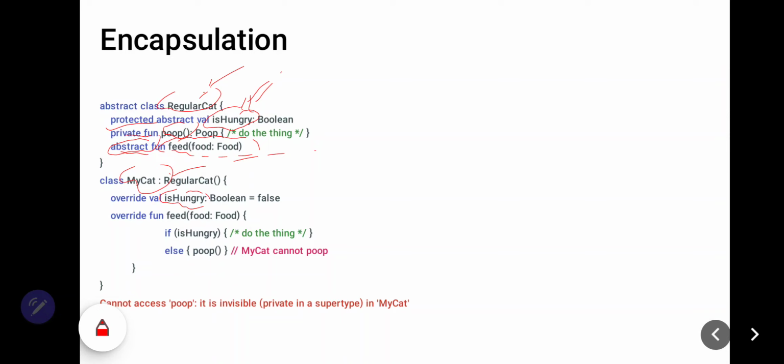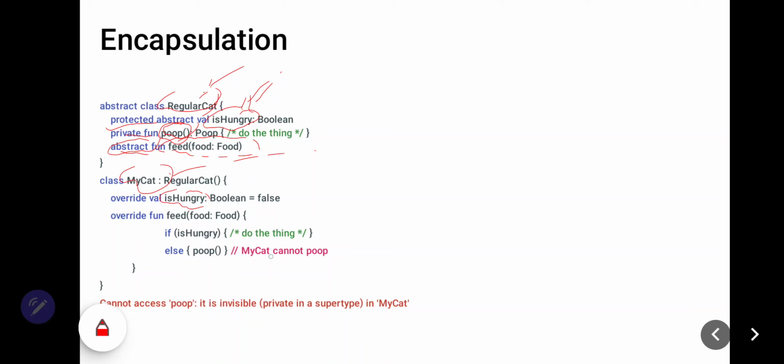Okay, next for the method poop in here. Poop has the character private. It means this method can only be used in the class regular cat, and the inheritor class cannot call this method.